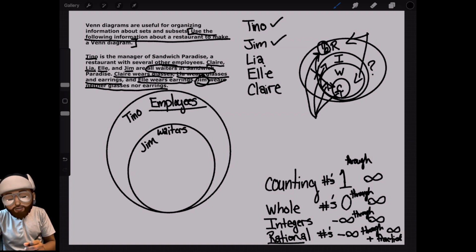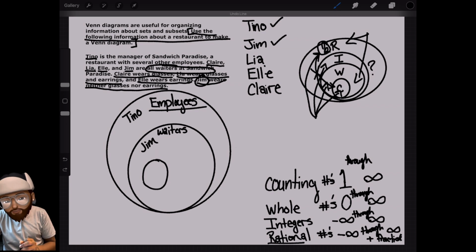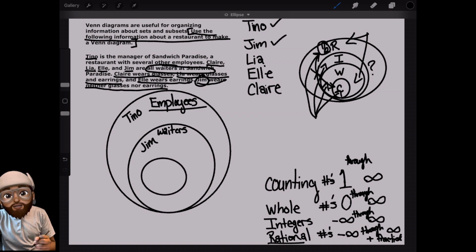So first thing we do is let's create that first circle inside. And now let's go ahead and create the second circle as well.